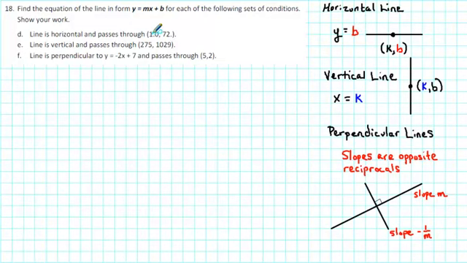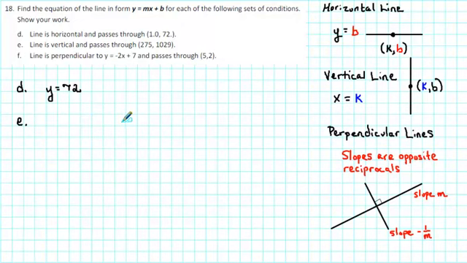In this case, the point (1, 72) is on the line, so the equation is simply y is equal to 72. No matter what the x value is, the y value will always be 72. So y equals 72 is the equation.